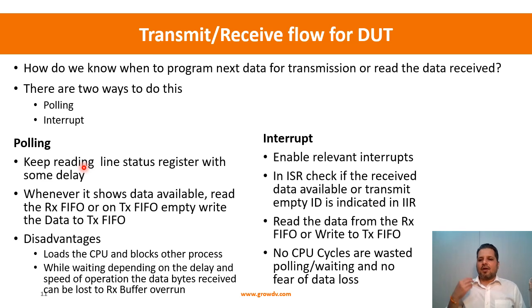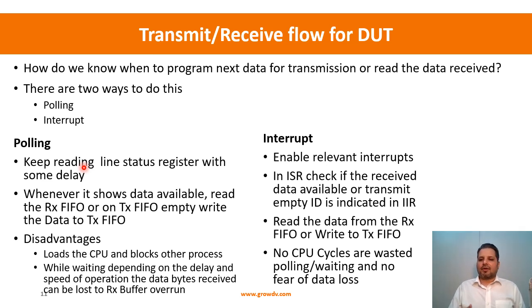And if you had written many bytes, every time after writing you read this line status register and look at it, and if there is no more space left in the FIFO, then you have to stop writing. Once you have stopped, you again keep polling periodically to see if any more space has become available, and only then can you write into it.